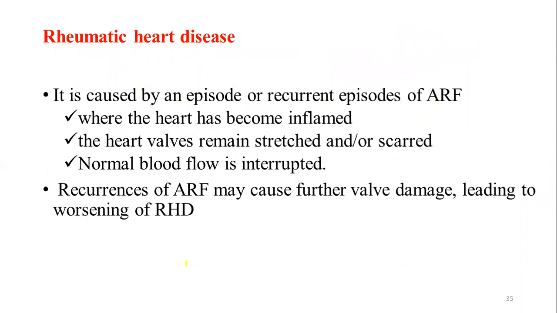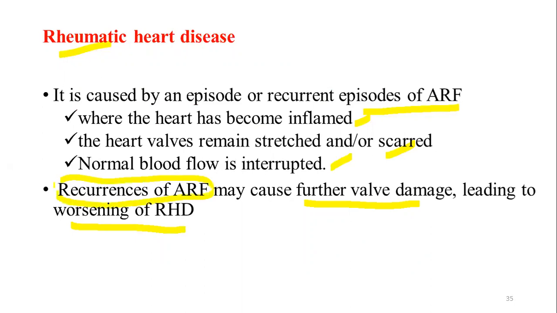It is caused by an episode or a recurrent episode of ARF, as I mentioned before, because the heart has become inflamed, the valves are stretched, and normal blood flow is interrupted. This ultimately causes a deformity of the valves. When there is a recurrent ARF, it can cause further damage leading to worsening of the rheumatic heart disease. That is why adequate prophylaxis should be given after the initial diagnosis to prevent what?